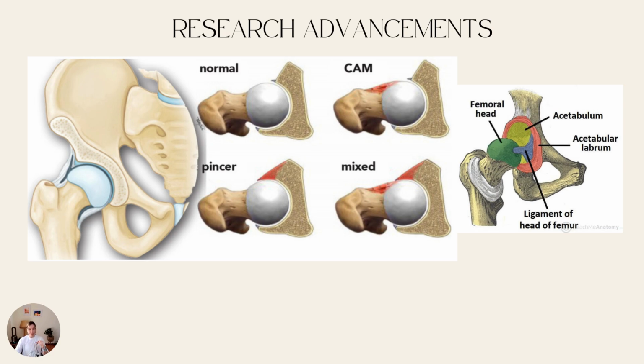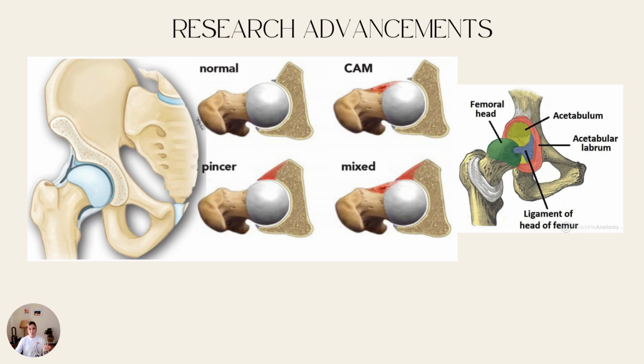So finally, imaging technology evolved, and we can now perform MRI and CT scans, and research more into labrum tears, cartilage defects, and subtle shape differences that were invisible before.